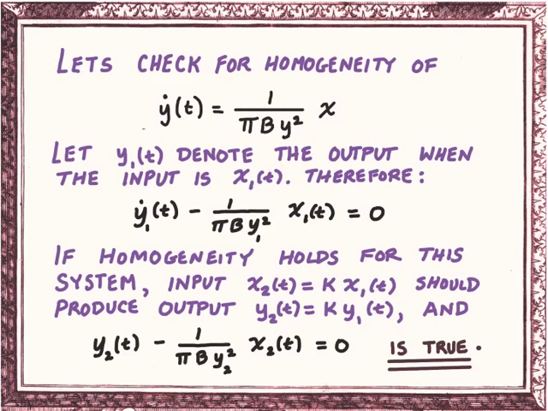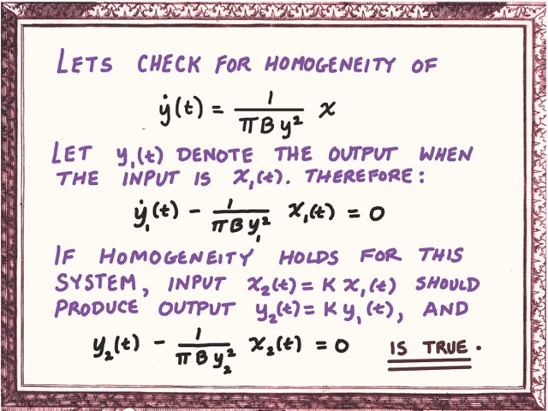Now we'll prove that this differential equation is nonlinear by checking it for homogeneity. Let y1 denote the output when the input is x1. That means that the pair x1, y1 must satisfy the differential equation. If homogeneity holds for this system, then input x2 equal k times x1 should produce output y2 equals k times y1.